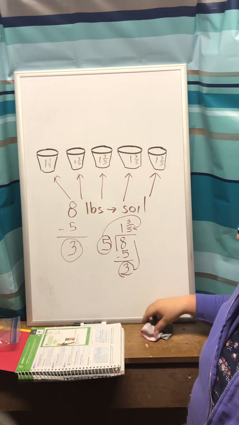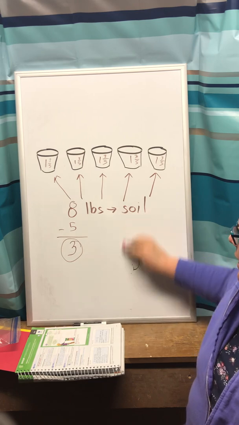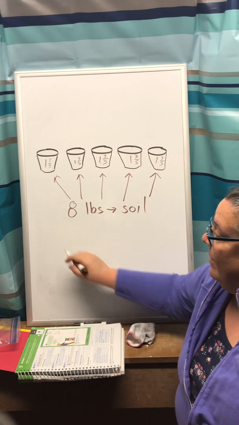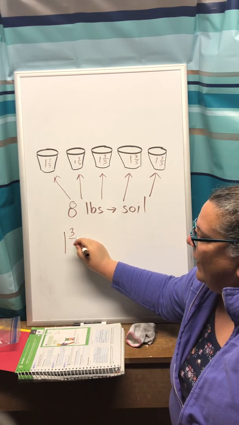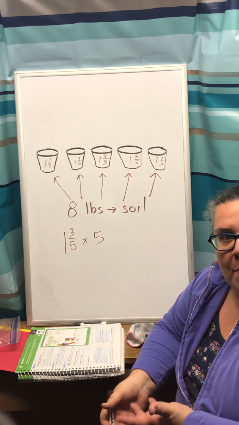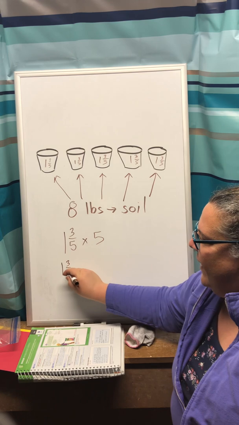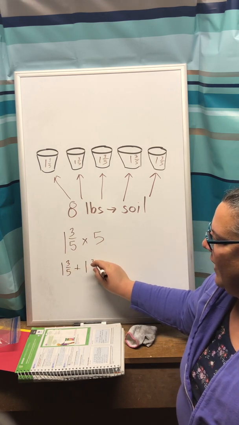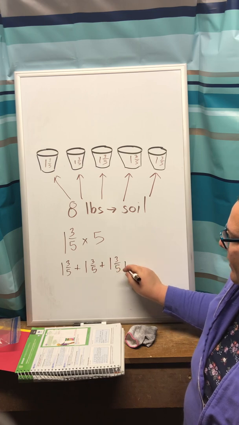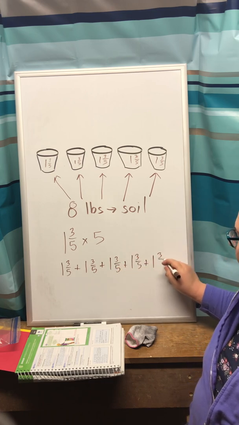And now I want to check to make sure that it's correct. Remember, I can do multiplication. So I would be able to do 1 3/5 times 5. Or, because remember it's just repeated addition, I can do 1 3/5 plus 1 3/5 plus 1 3/5 plus 1 3/5 plus 1 3/5.